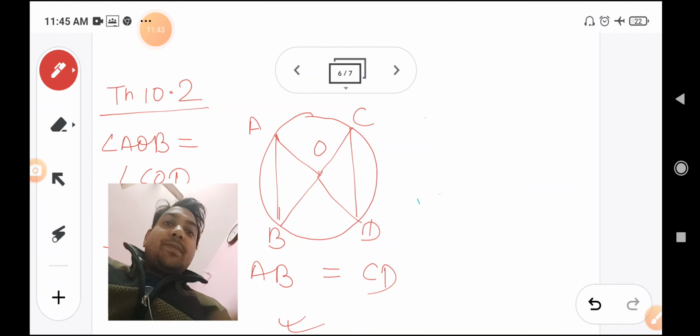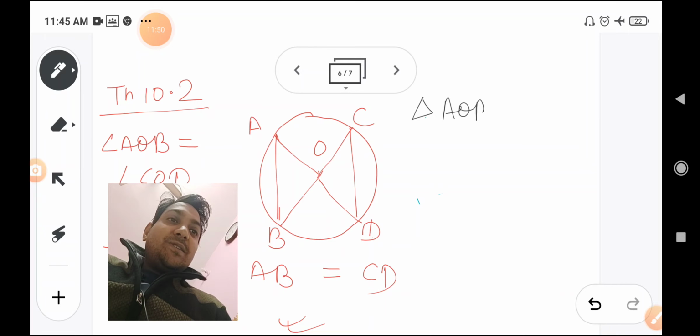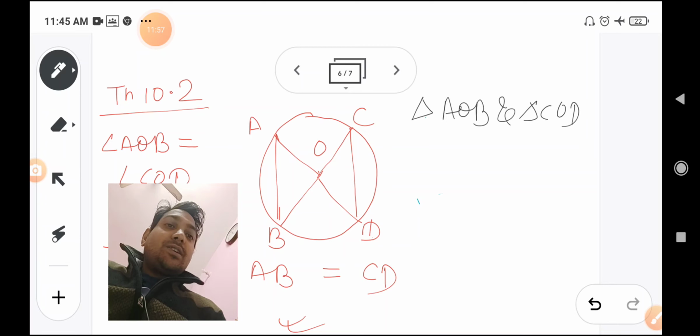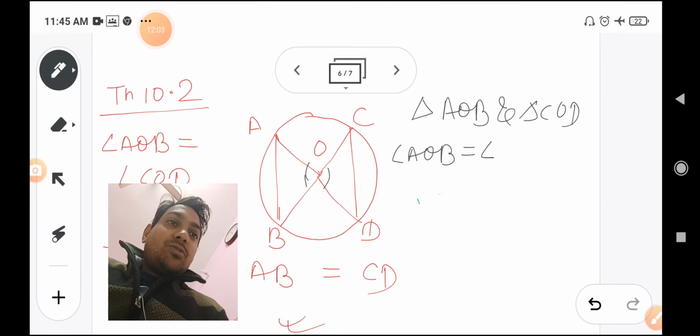See, triangle AOB and the other triangle is triangle COD. These two angles are equal. Angle AOB is equal to angle COD. This is given.